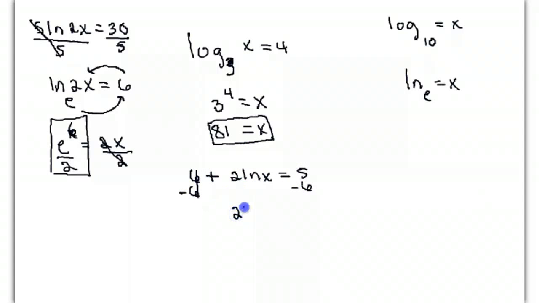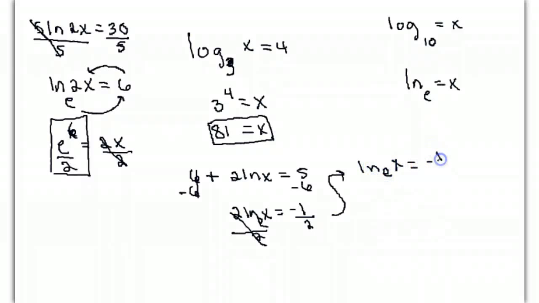So you've got 2 ln x equals negative 1. Okay, what's the base of ln? e. How do you get rid of this 2? You're going to divide by 2, and you've got ln x equals negative 1/2.